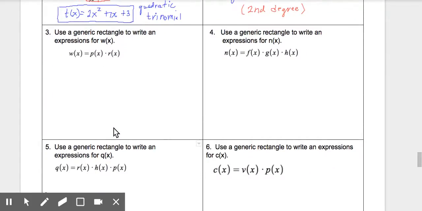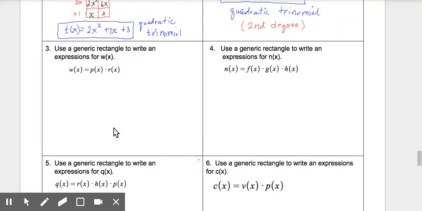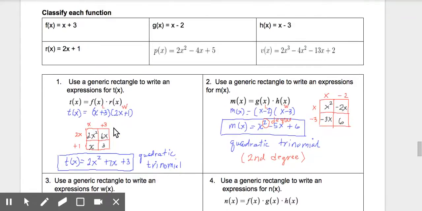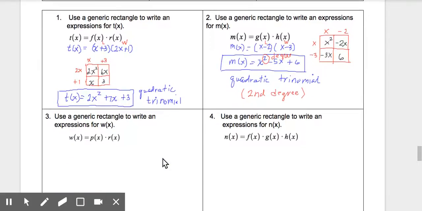For number 3, we want to find w of x, where w of x is defined as p of x times r of x. So p of x is 2x squared minus 4x plus 5.